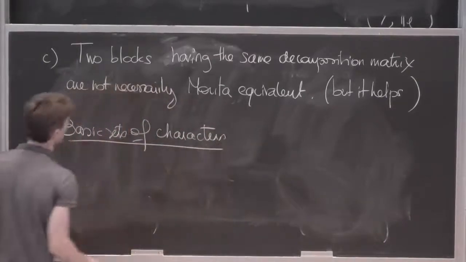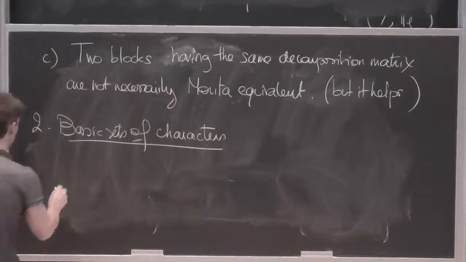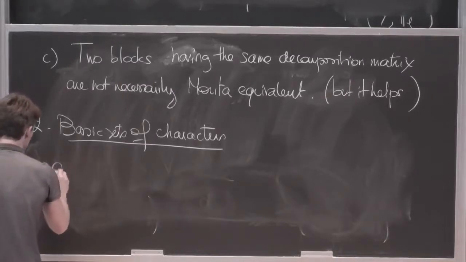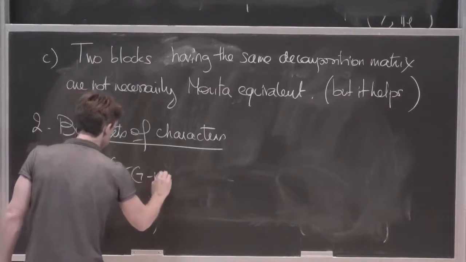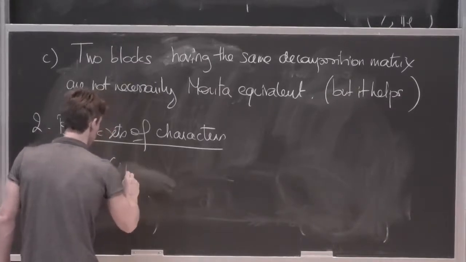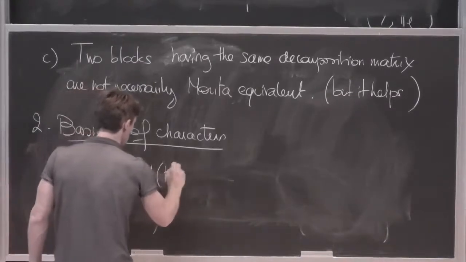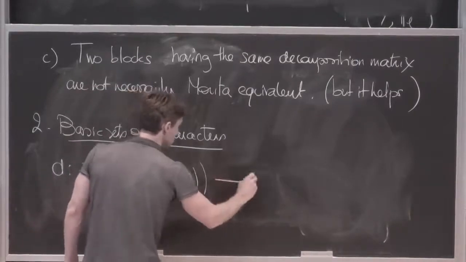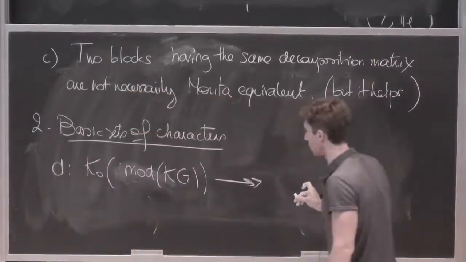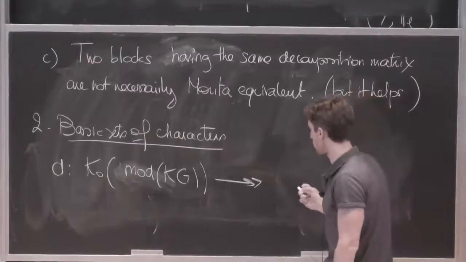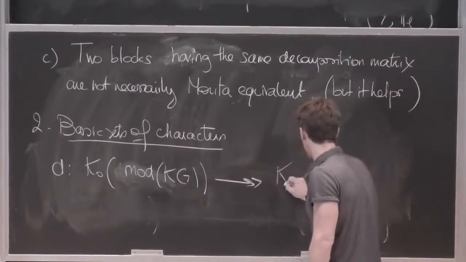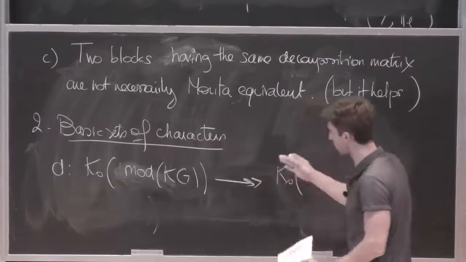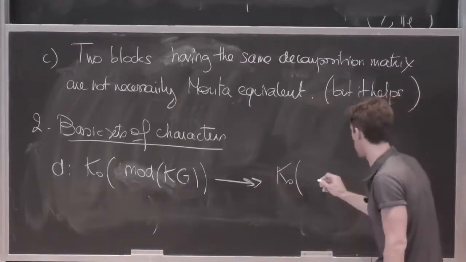I mentioned already, but without being very clear, that the decomposition map is surjective. It doesn't mean that any representation can be lifted, but it can be lifted as a virtual character, not as a representation, but as some difference of representations.